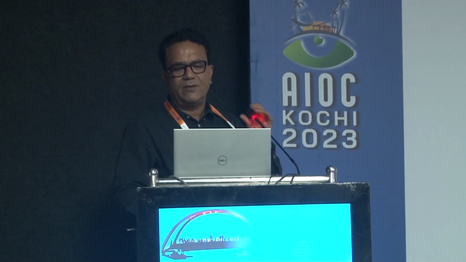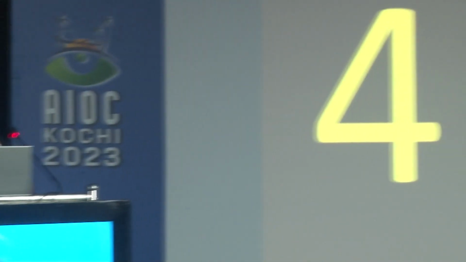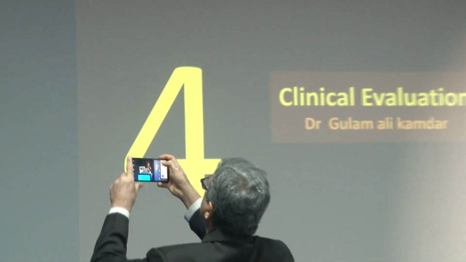Clinical evaluation, the low vision aid. Clinical evaluation is crucial for the low vision patient because it allows for a comprehensive assessment of their visual function, which is essential for developing an appropriate treatment plan and maximizing their visual potential.